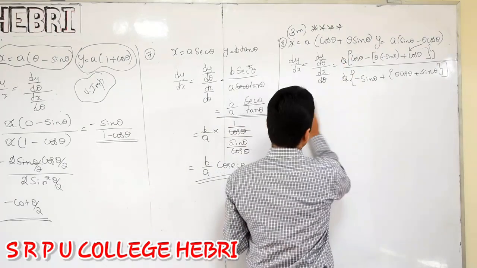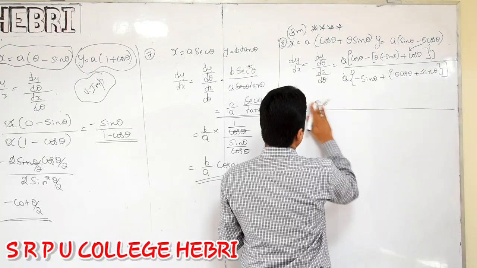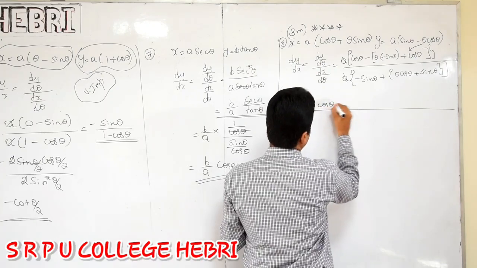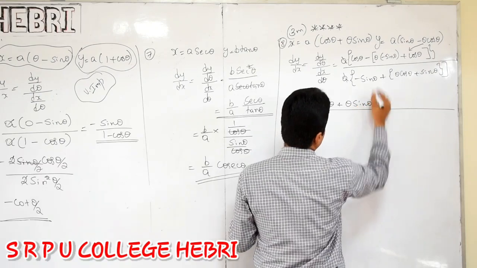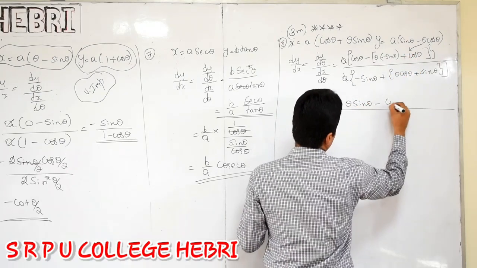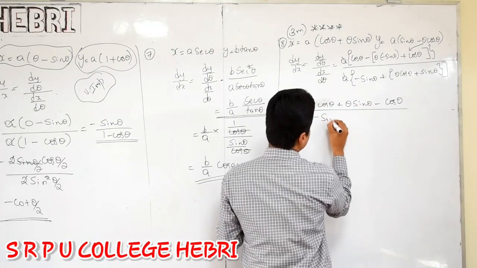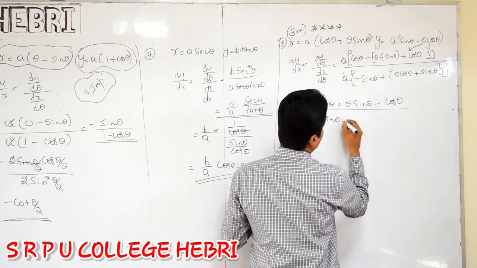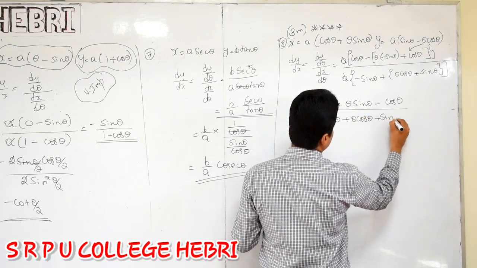a cancels, so what is remaining? Open all the brackets. It is cos theta minus, plus theta sin theta, minus, plus minus cos theta, divided by minus sin theta plus theta cos theta plus sin theta.